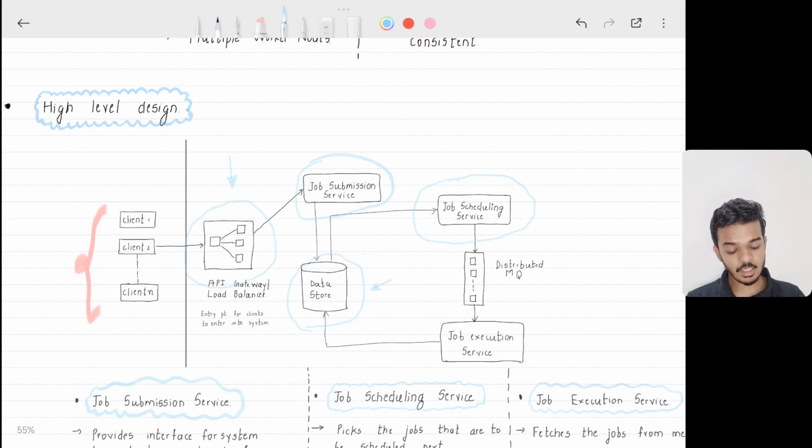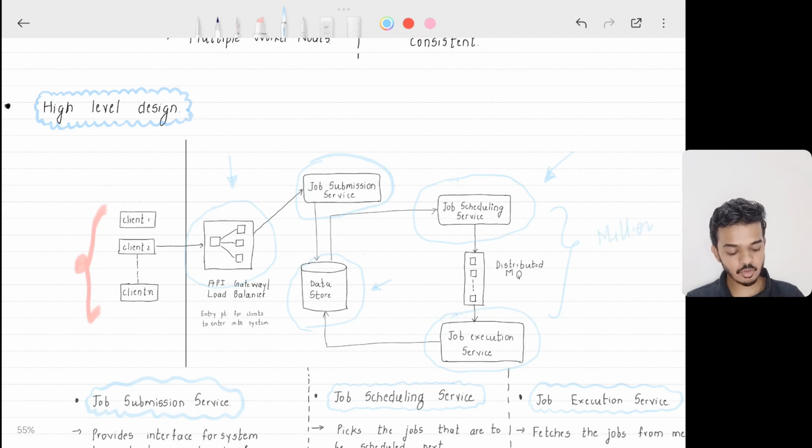Now, the jobs being picked for scheduling are going to be in millions. There is another service which would be responsible for executing the jobs, that would be the job execution service. The jobs being exchanged between the scheduling service and the job execution service are in millions.